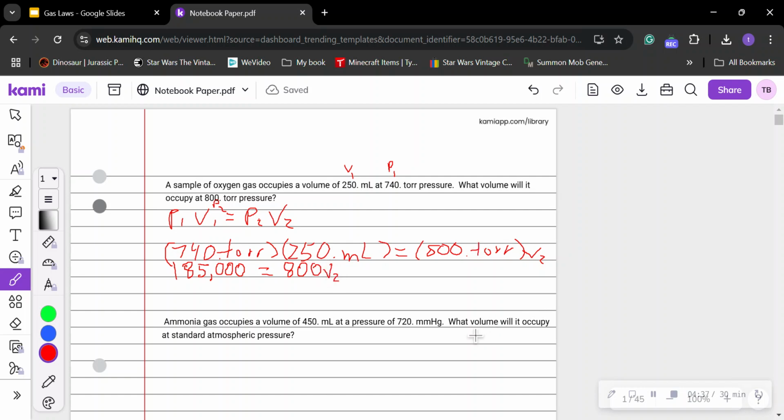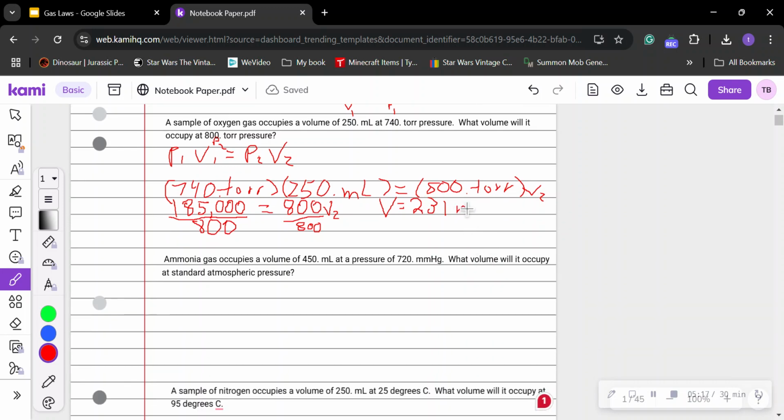So now we just divide both sides by 800, and that should equal V2. It would equal 231.25. But since we only have three significant figures, it would be 231 milliliters.